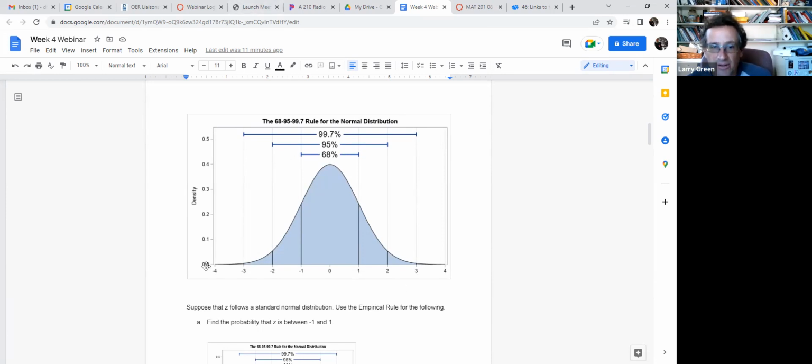So here's the shape of the standard normal distribution. Do you know what this is also called? Anyone know what this shape is also called? It's the one most people think about or have heard of. Especially think about grades, for example.